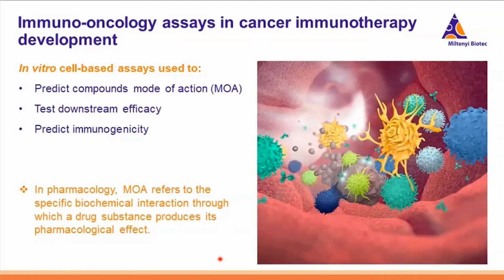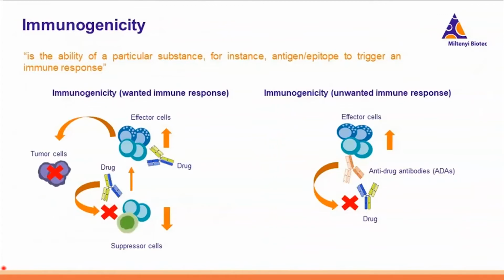We know from the early pharmacology classes that MOA, or mode of action, is defined as the specific biochemical interaction through which a drug substance produces its pharmacological effects. And immunogenicity is defined as the ability of a particular substance, for example, an antigen or epitope, to trigger an immune response.